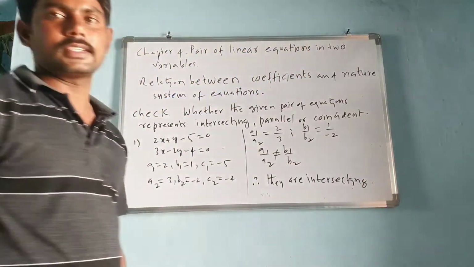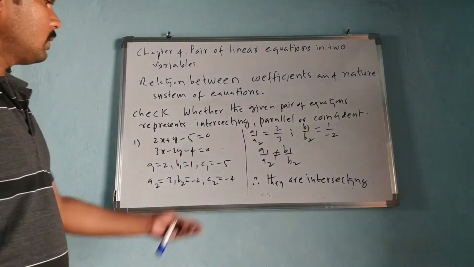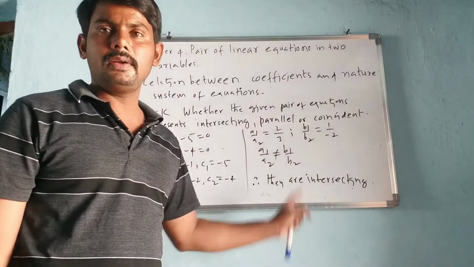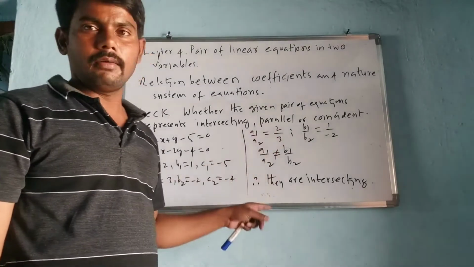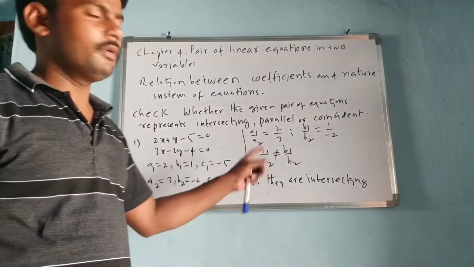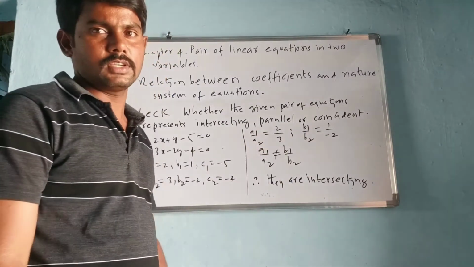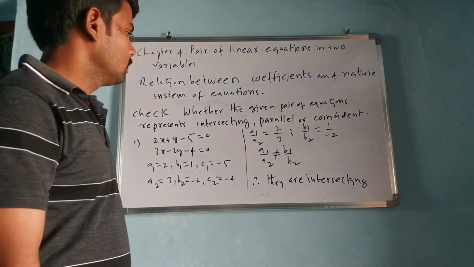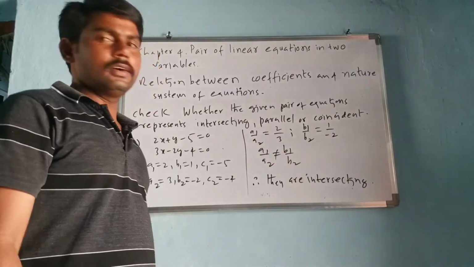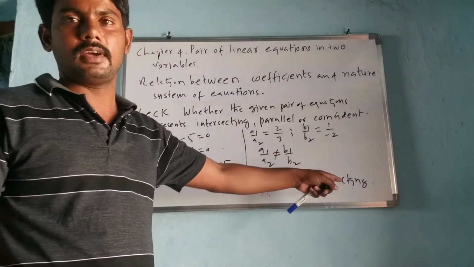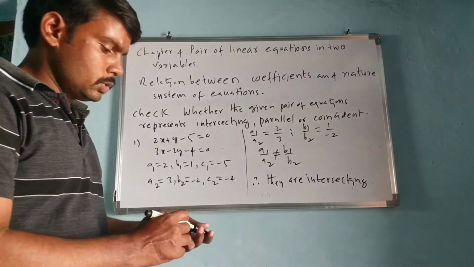From this we can understand that they intersect at a point, so they have a unique solution. If they have a unique solution, we can say that they are a consistent pair of linear equations. So clearly they are intersecting. Now let us do one more problem.